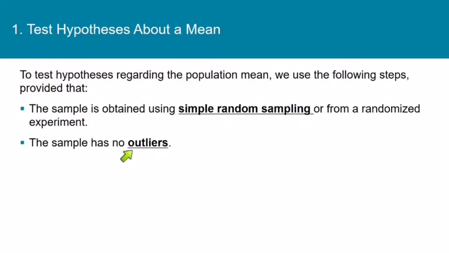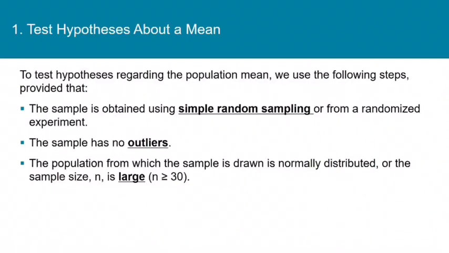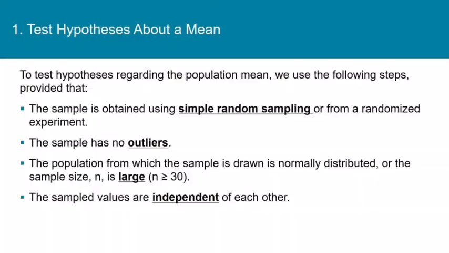We have to know that the sample has no outliers, because if the sample has outliers, that's going to affect the sample mean and the sample standard deviation, because neither one of those is resistant, so that would throw everything off. We also need to know that the population from which the sample is drawn is normally distributed, or the sample size n is large. And remember, what we mean by large is that n is at least 30. And then finally, we have to know that the sampled values are independent of each other.